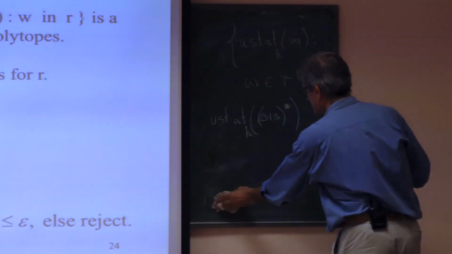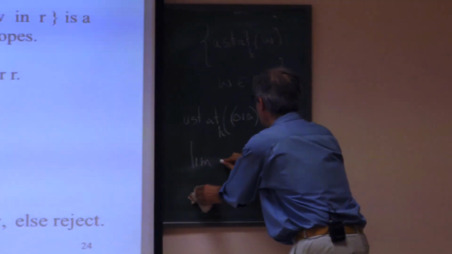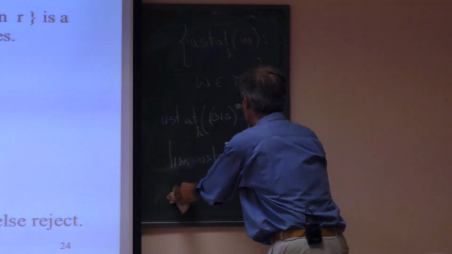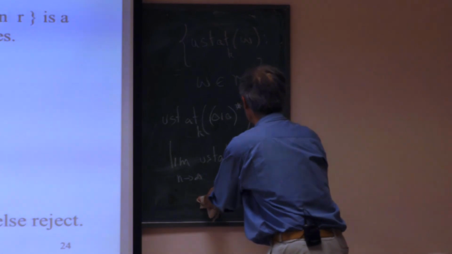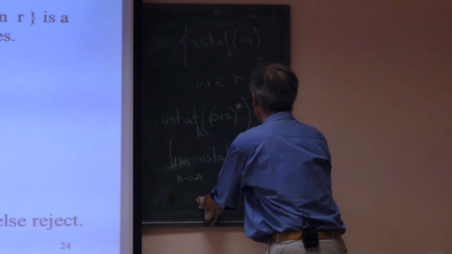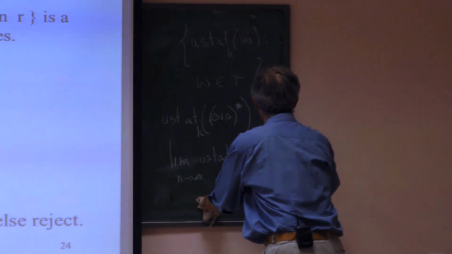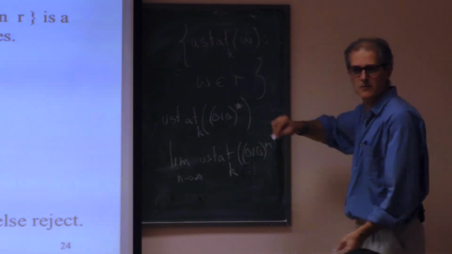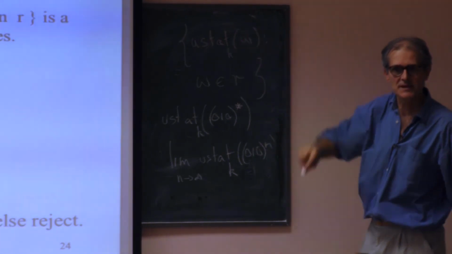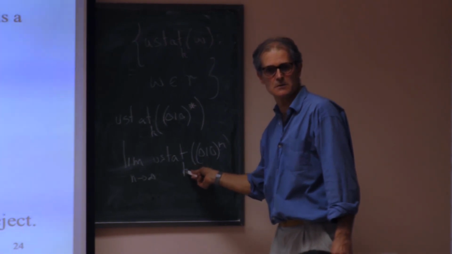My definition is that it's the limit of U-stat_k of (0 1 0)^n when n goes to infinity. So imagine that you have 0 1 0, 0 1 0, and it goes to infinity. Which vector will you go to?